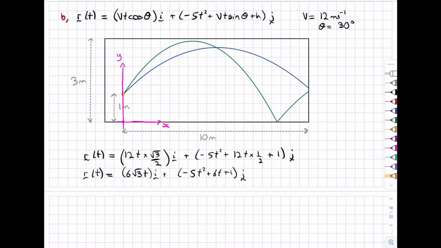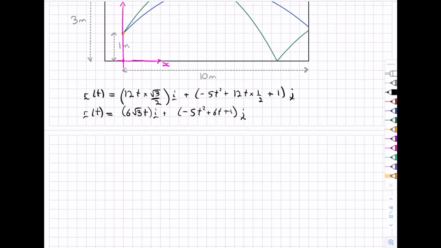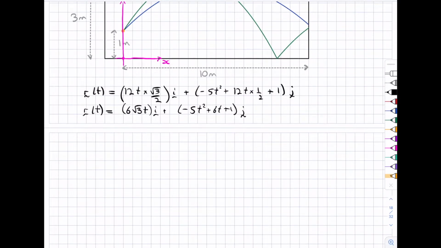How would we do that? Well, if we can just find the maximum height of our trajectory, of our particle or object, and show that that's less than 3 meters, because 3 meters is the height above the origin, well then if it's less than 3, it's never going to hit the ceiling. So we want to try to find the maximum height. So that's our sub-goal at the moment.